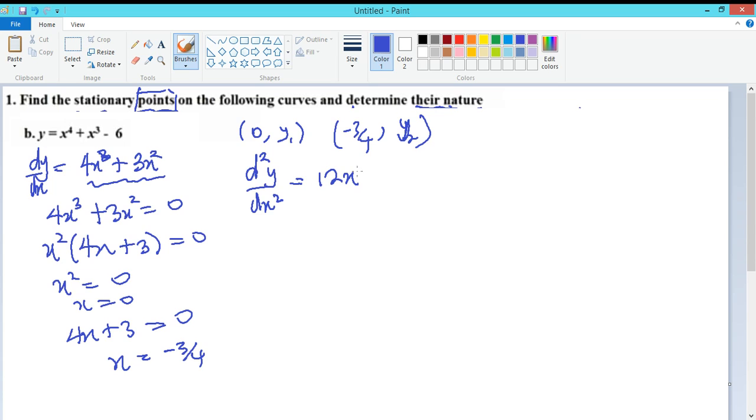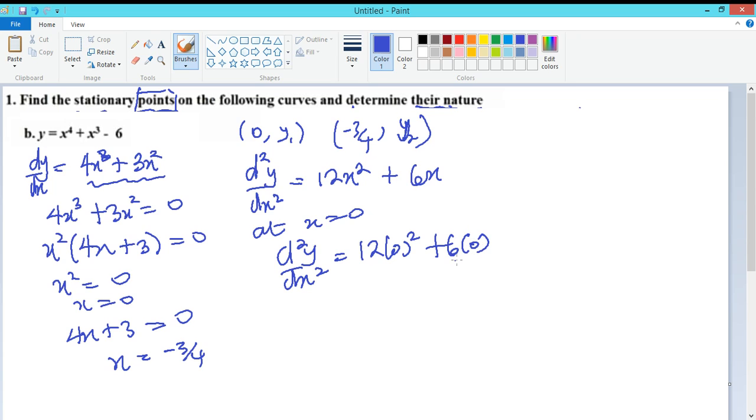And that will give me 12x squared plus 6x. At x is equal to 0, d squared y over dx squared will be equal to 12 times 0 squared plus 6 times 0, and this will translate into 0.